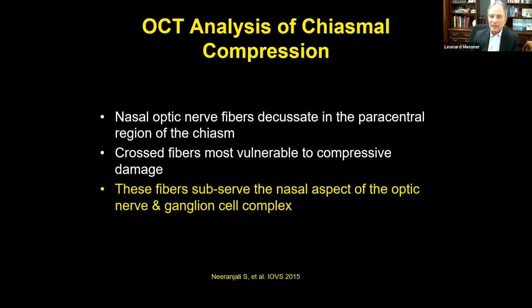So that, in a nutshell, is this vulnerability of the nasal fibers, in that they are crossing and are more vulnerable to that compressive force. It's also important to remember that these fibers subserve the nasal aspect of the ganglion cell complex.